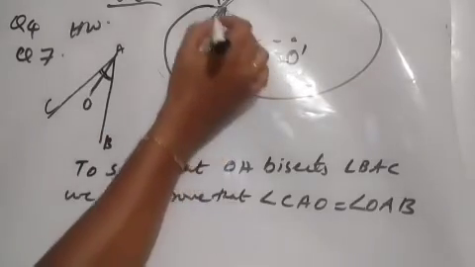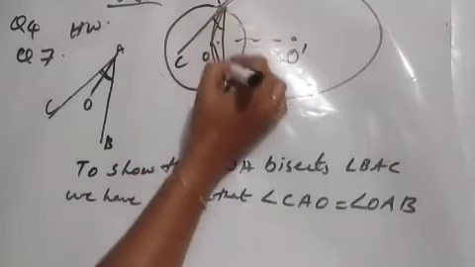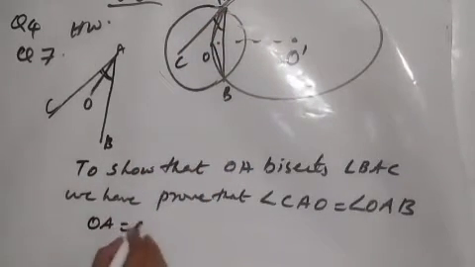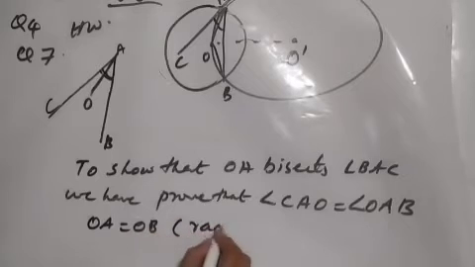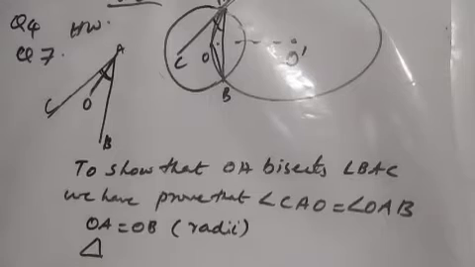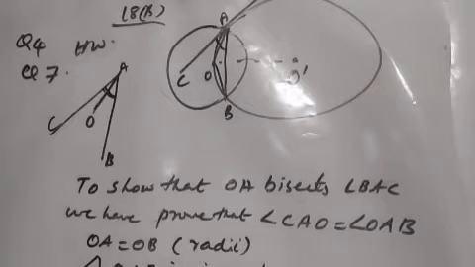Look at this. This is a small circle with center O. And OAB is an isosceles triangle, no? OA equal OB, radii of the smaller circle. So triangle OAB is isosceles.